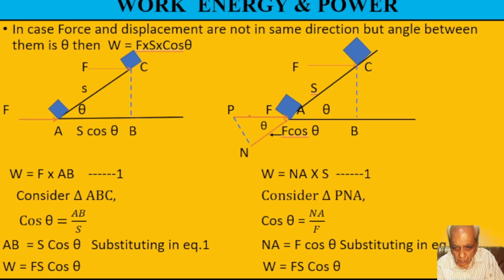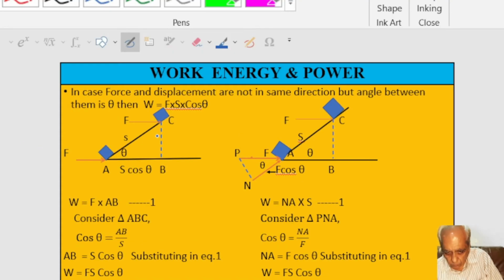Is it alright? So now I will prove that work done is equal to F into S multiplied by cos theta. Let us try to prove it. You see this diagram drawn in the slide. Force is being applied in the horizontal direction. So this is the line of force. The body is kept on an inclined plane CAB.